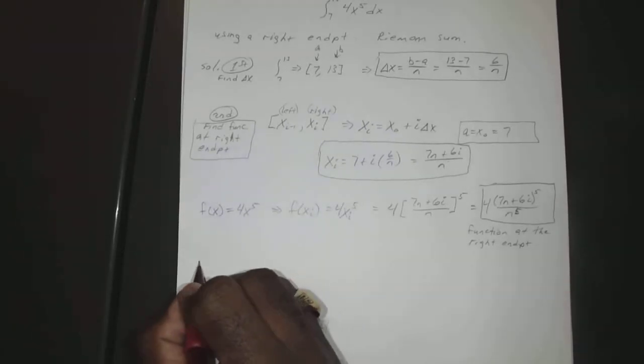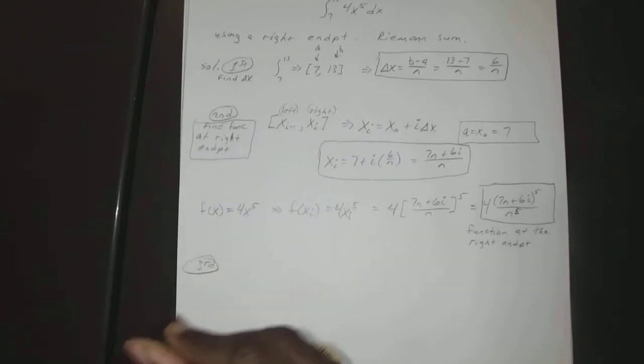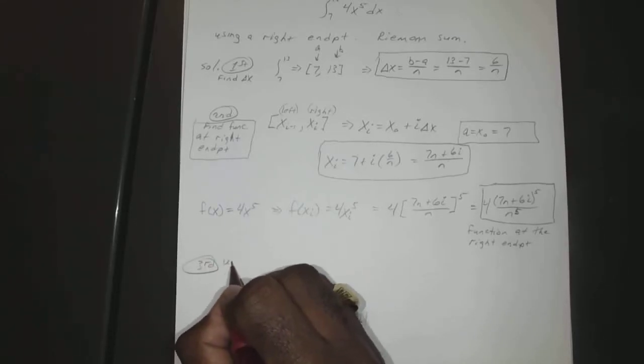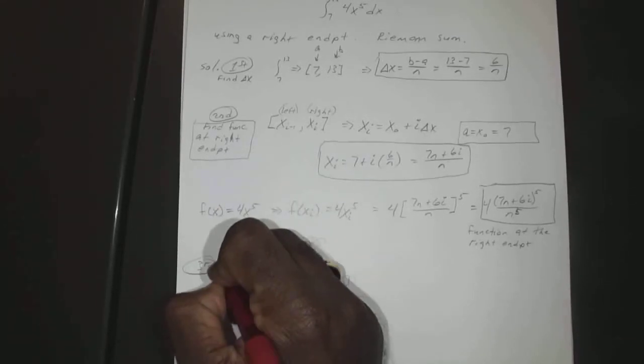Our third step is to use the Riemann sum and the limit only.